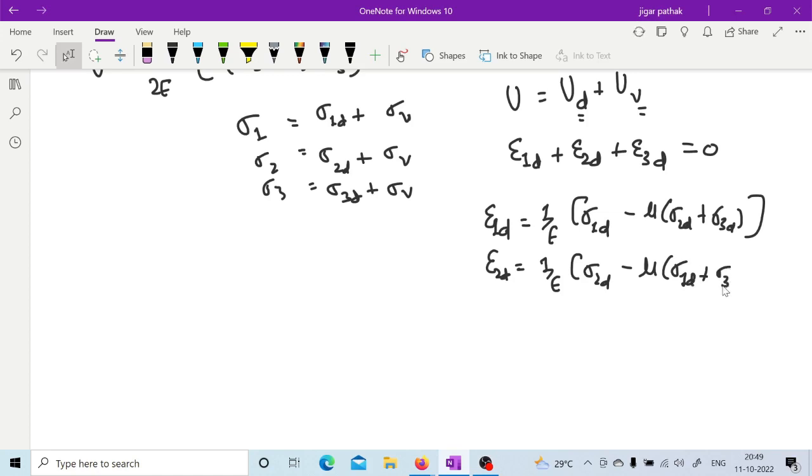Let me draw this, one second. Once I am done with this, I can draw that. Sigma 3D minus mu sigma 1D sigma 2D.